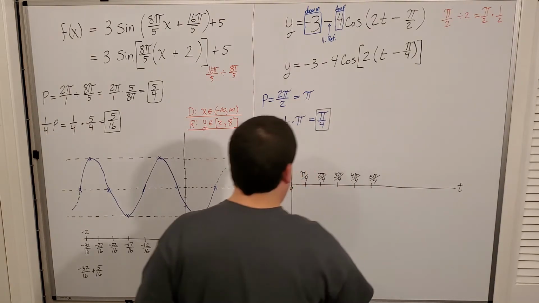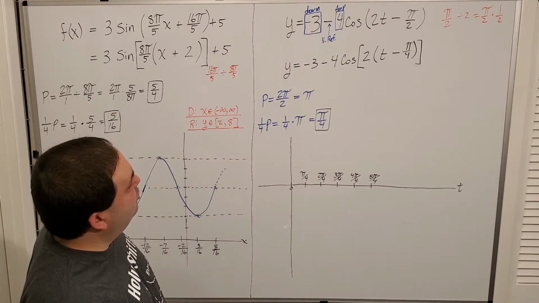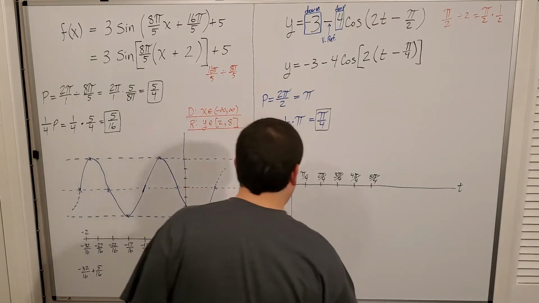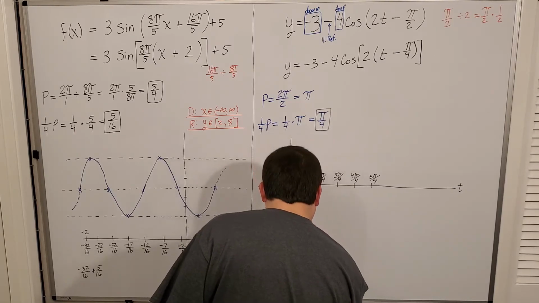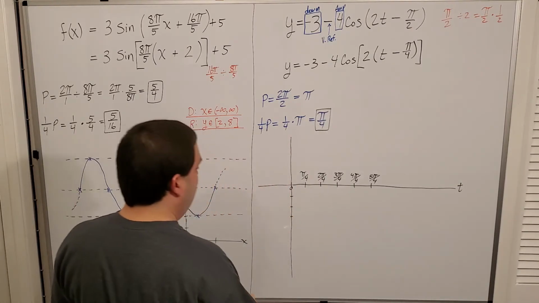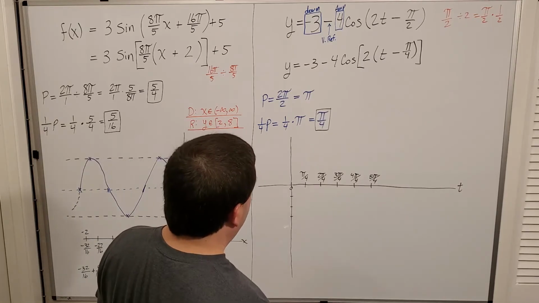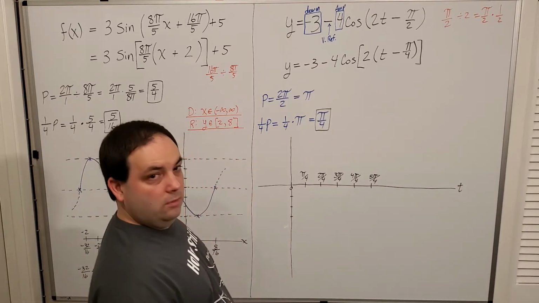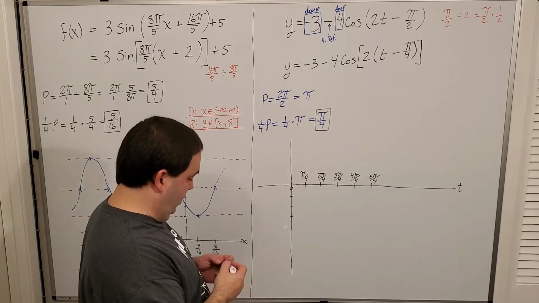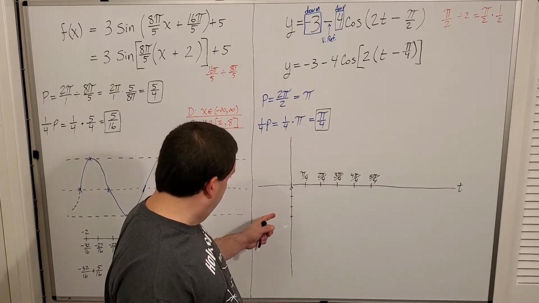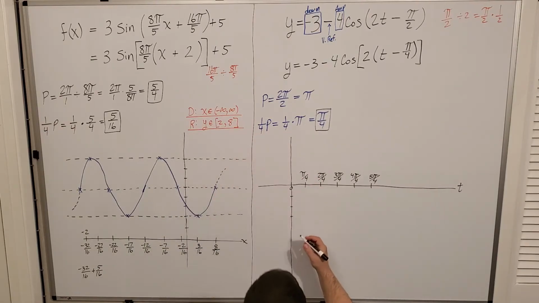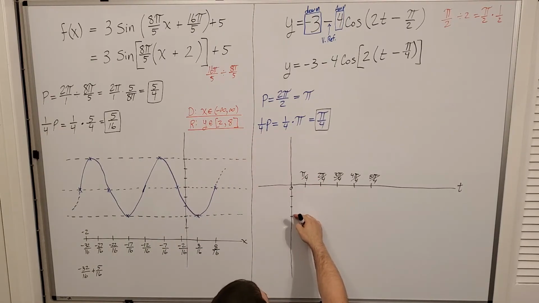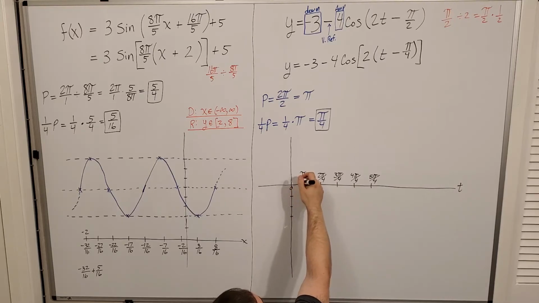So I've got my y-axis now. It's been shifted down by 3. So 1, 2, 3. Okay, my amplitude is 4. So this thing's going to be huge if I continue the way, well, let's do it. So then, from here, I would need to go 4 up, which is going to land me at +1.